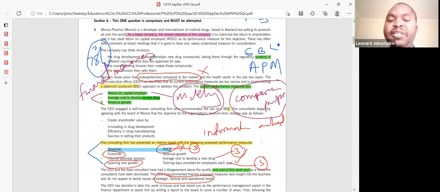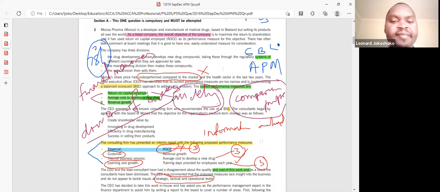Because I said all of them are financial measures, you could criticize that one major problem of the current measures is that they don't try to address the drivers of success at Monza. In other words, we are not looking into the future here. These items only focus on historical performance, but they're not showing us where we are going as a company. Currently, Monza uses financial performance measures.